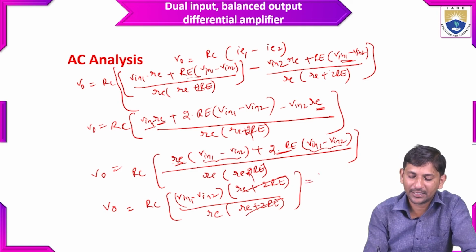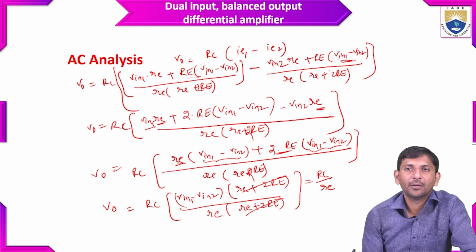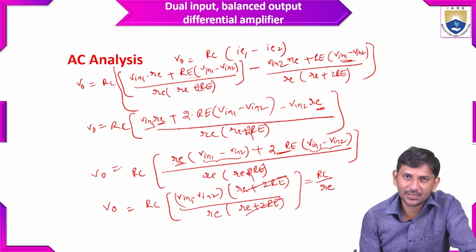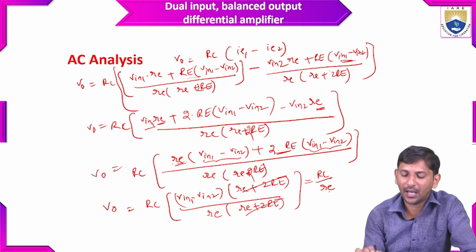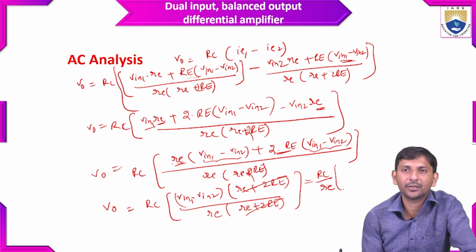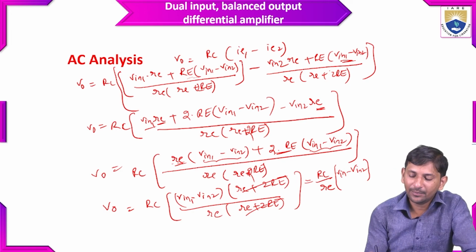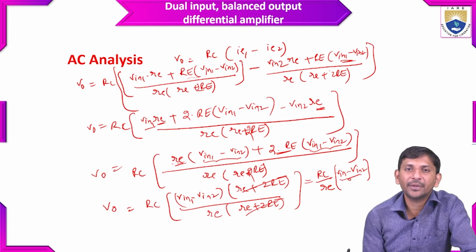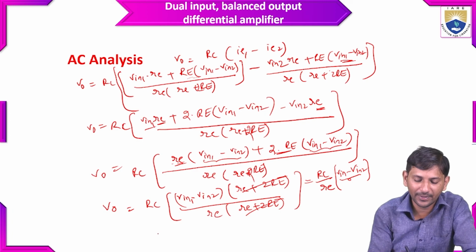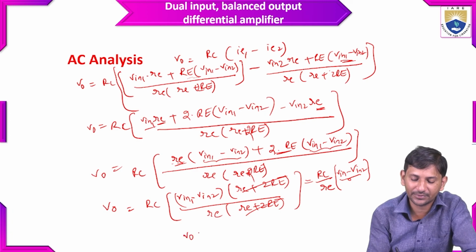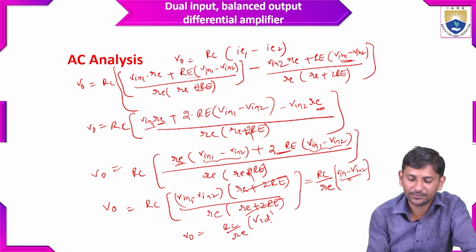Your remaining expression becomes RC by RE, where RC is the collector resistance of your transistor and RE is the dynamic resistance of the emitter junction of the Q1 and Q2 transistors, multiplied by V in 1 minus V in 2. So V in 1 minus V in 2 means the difference between the two input voltages, which is expressed as V0 becomes RC by RE into VID.